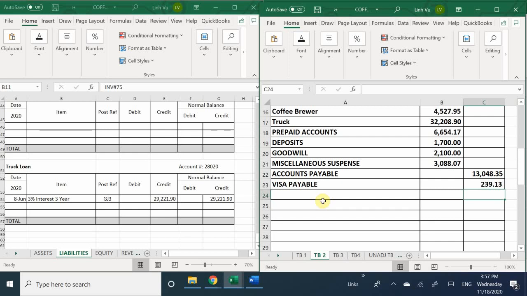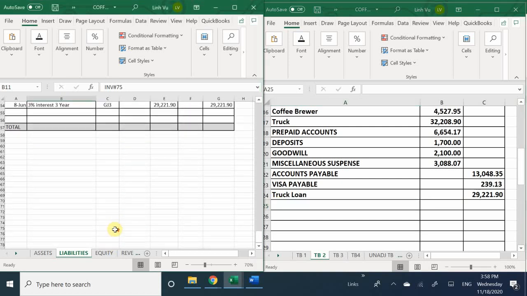So here, I'm going to recognize that, yes, I have a truck loan. $29,221.90 is going to be your truck loan. Okay? All right, that's the end of my liabilities.